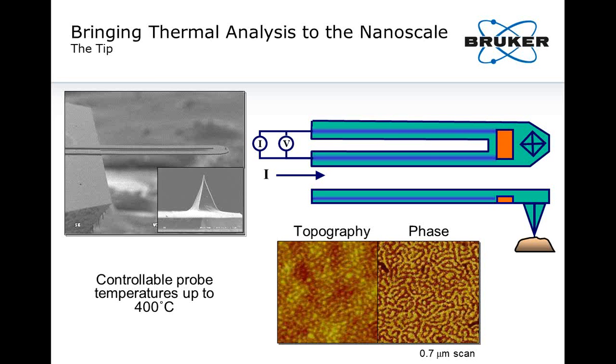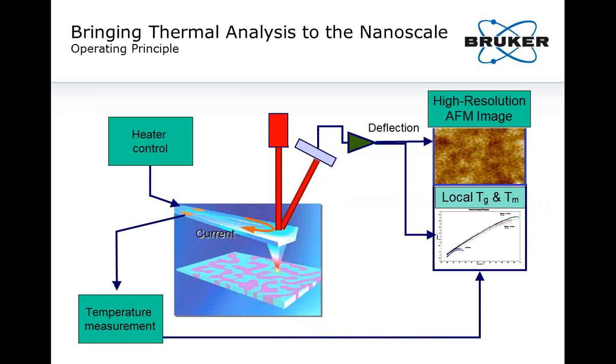The probe can be heated to about 400 degrees Celsius in a controlled manner, which really covers that wide temperature range that you want to interrogate polymer phase transitions. So what does performing a nanoscale thermal analysis experiment mean? Typically, first an AFM image is acquired using the nano-TA probe.